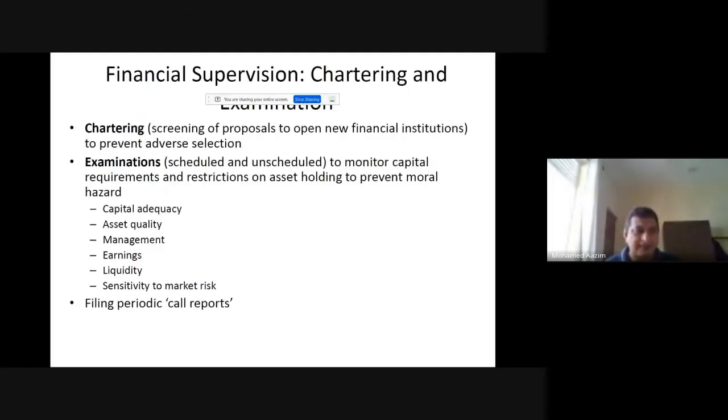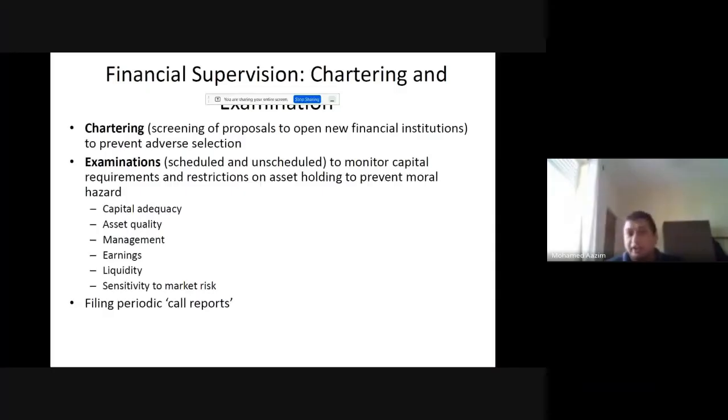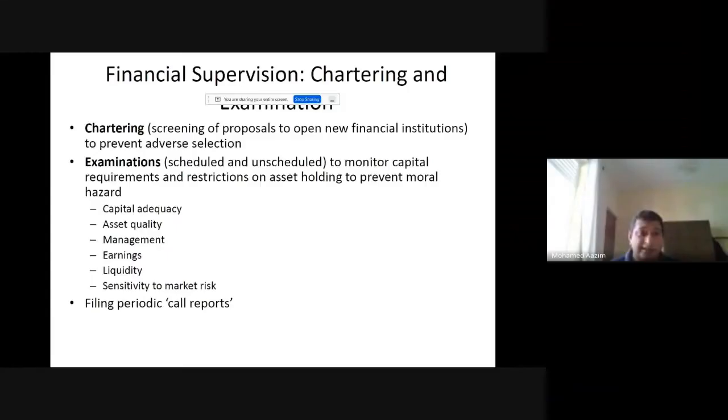So these examinations also could be scheduled or unscheduled. When it comes to on-site, there's a cycle: every 3 months, a team of regulators visits the financial intermediary and looks into its books, or they take up the areas they had already earmarked through the off-site examinations they have carried out.